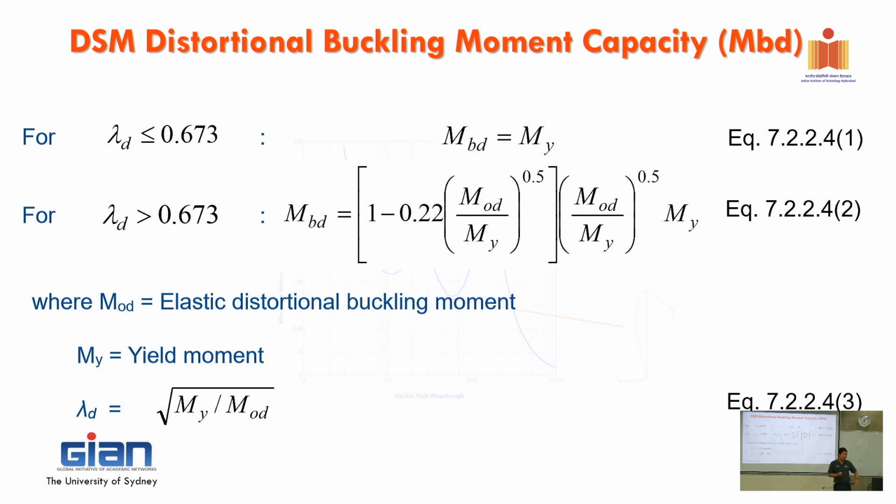In that case, we don't have interaction, because if you look closer at the test setup, we always have the lateral strap in between to make sure that it doesn't buckle in flexural-torsional buckling. But we don't put a strap on the flange, because we want to force the channel to fail in distortional buckling. That's why we don't have the interaction.